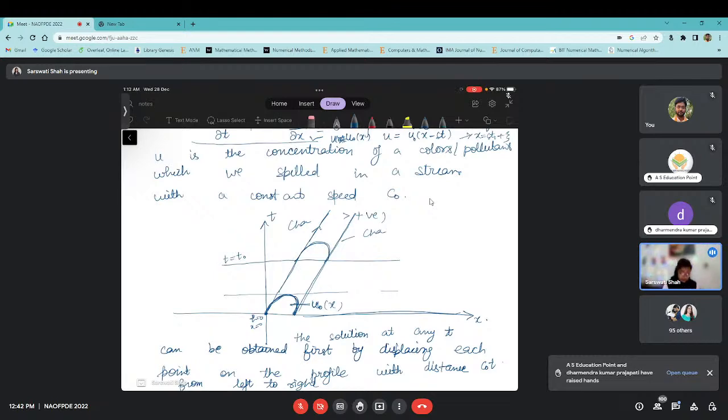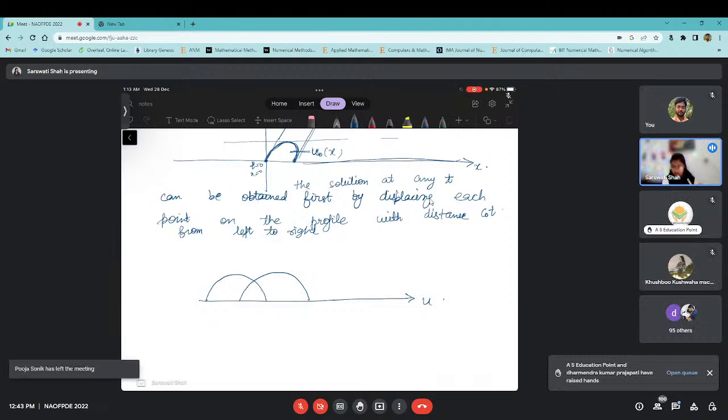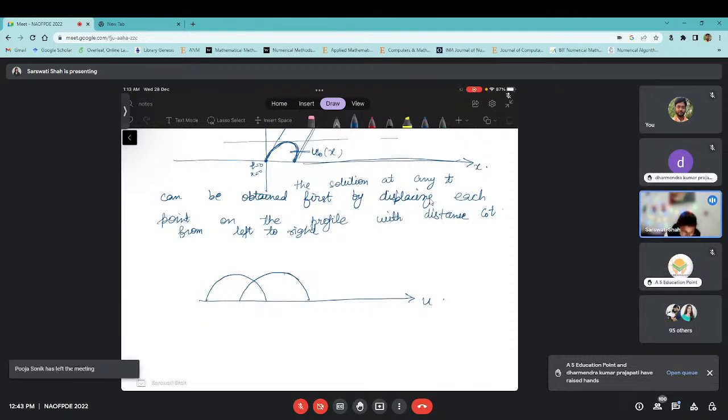So basically, if I am seeing u only, suppose this is u, at time t equals 0 it is here, and at time t equals t naught the shape of the solution will be the same, because it is the same initial condition. Only it will displace by c naught t.